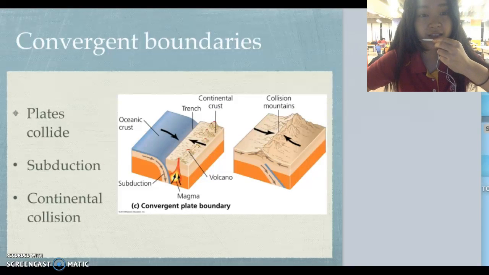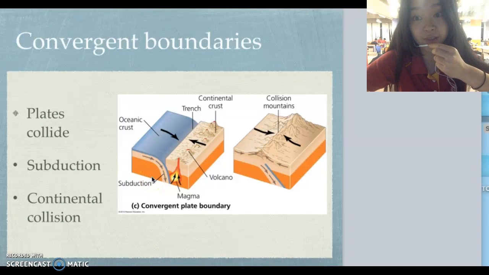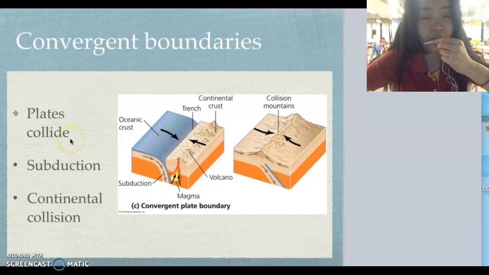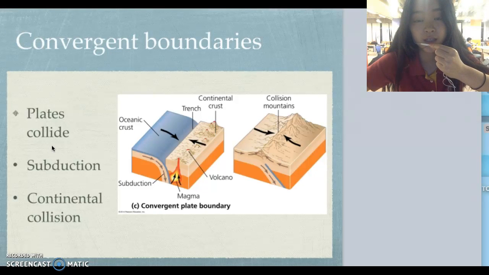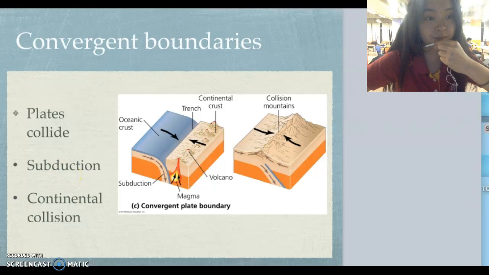What's more, here's the convergent boundary. There are two types of convergent boundaries that we will discuss later. A convergent boundary forms when plates collide together, either two continental crusts collide, or one oceanic crust and one continental crust collide. One type is called subduction.